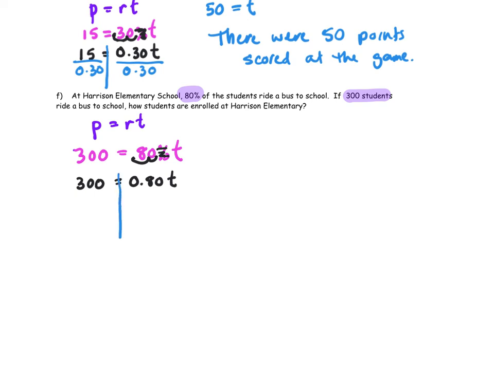Side by side means multiply, so we're going to use division because we want the variable, the total, by itself. So please pause and use your calculator to find the answer. And the answer is 375 equals T. T, once again, represents the total, so that means that there are 375 students enrolled at Harrison Elementary.